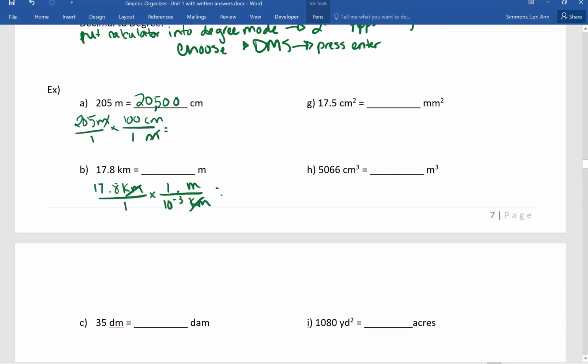And you should get 17,800 meters. Significant digits line up. They both have 3. I'm getting these numbers from the unit conversion for the metric at the very beginning of this lesson.